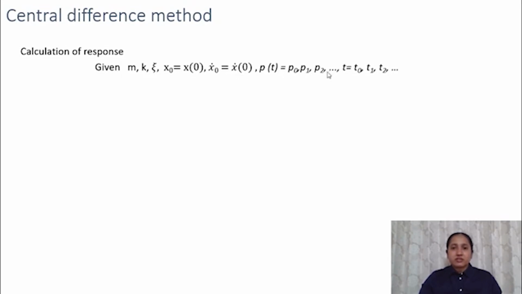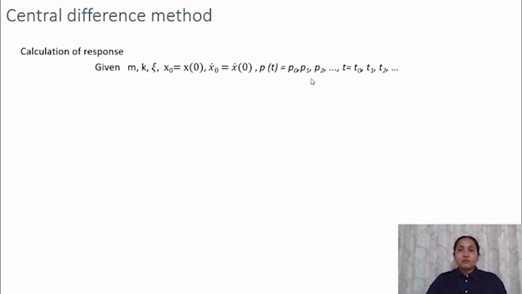The forcing function is also known. So we know the value of the force at each of these time instants, that is P0, P1, P2, etc. And we can calculate the time step as the difference between consecutive time instants, that is t_{i+1} minus t_i is equal to the time step delta t.